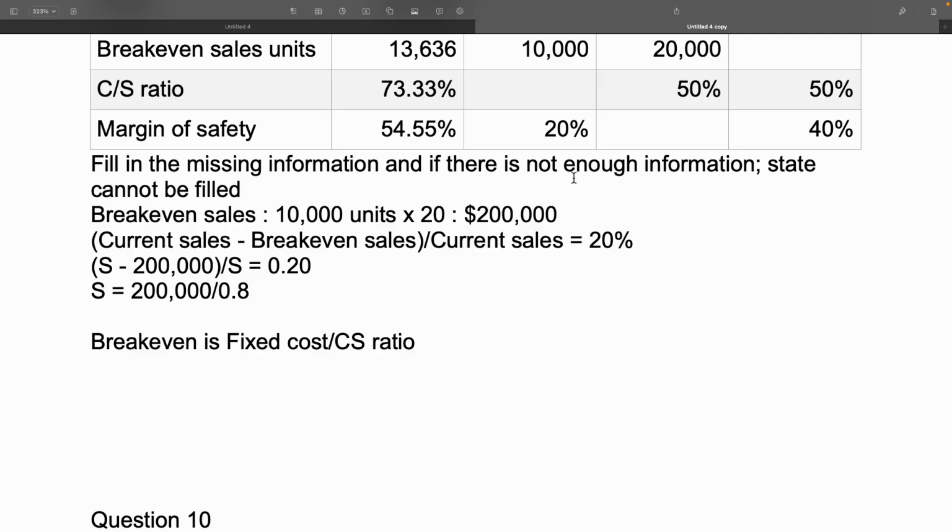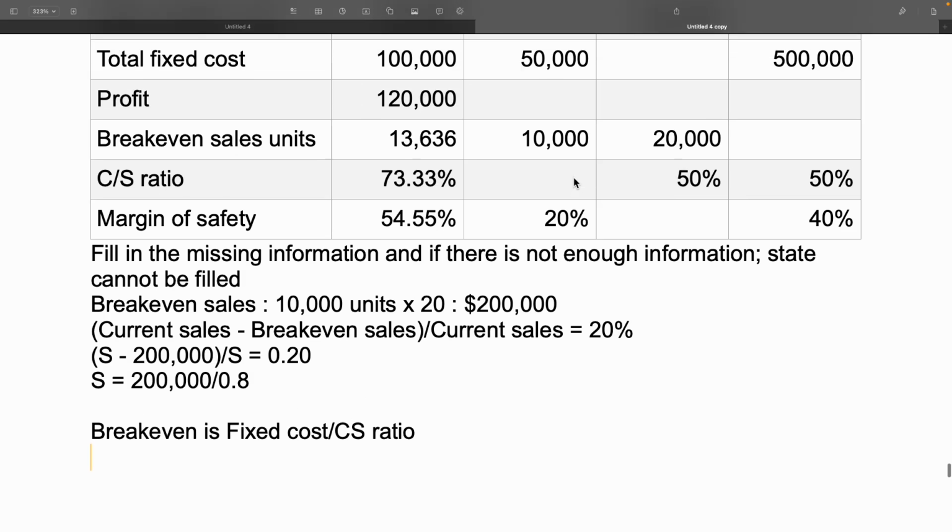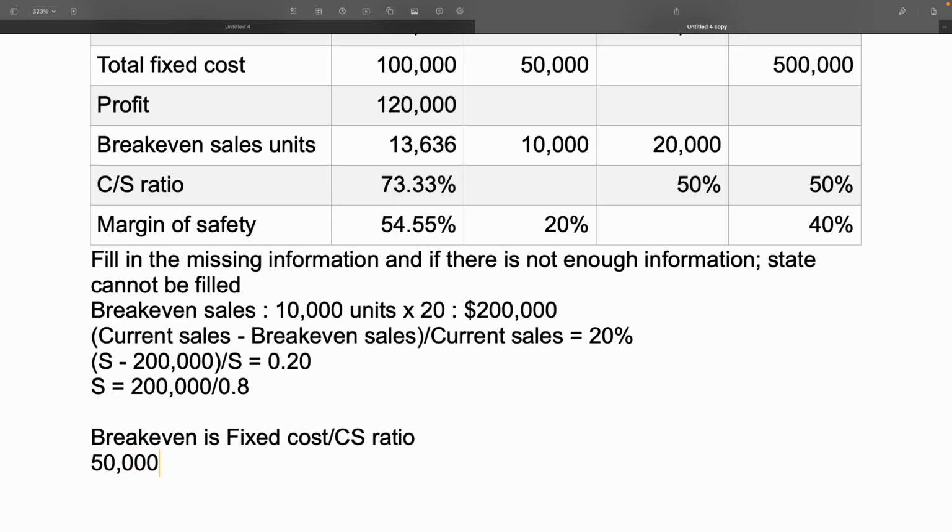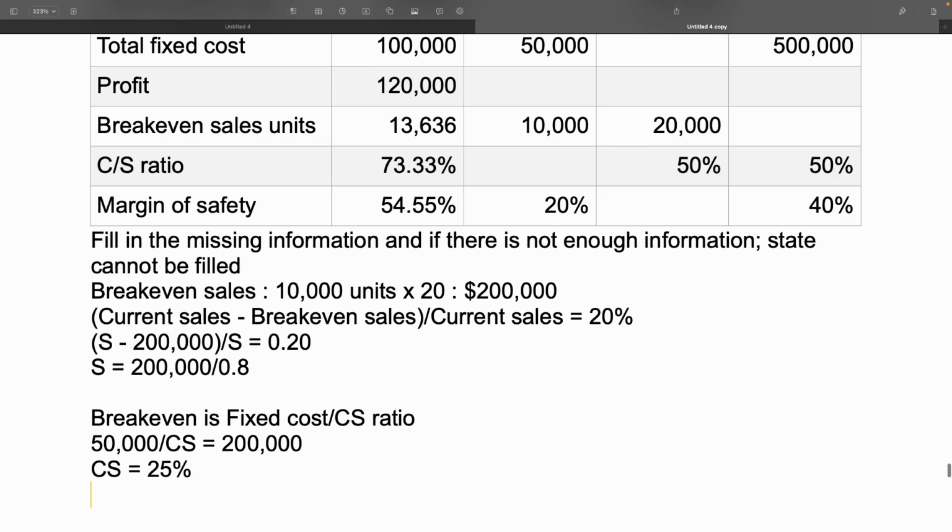So this one, you already got the fixed cost is 50,000, divide by CS equal to 200,000. So CS must equal to 25%.